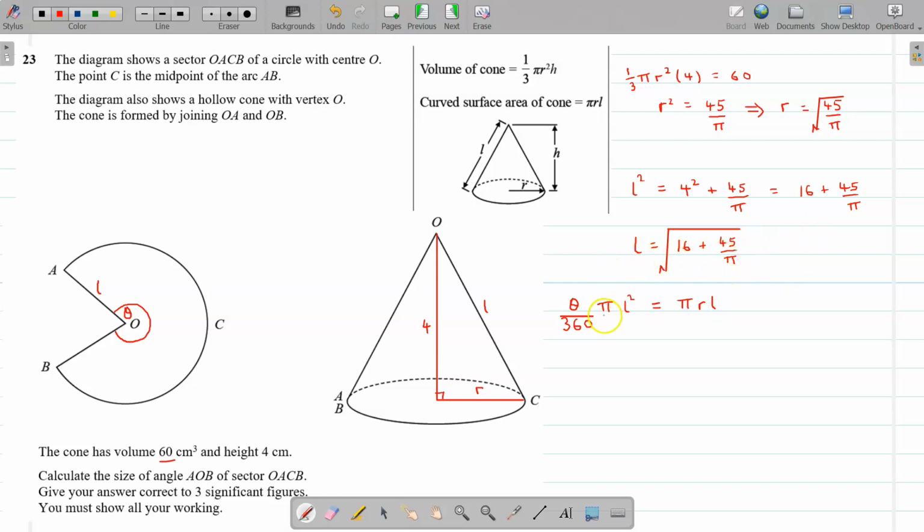Now, we can cancel out a pi from each side and one of the L's, because this L can go and this pi can go, and then we're just left with an L here. So I'm just going to write that down here: theta times L over 360 equals r.